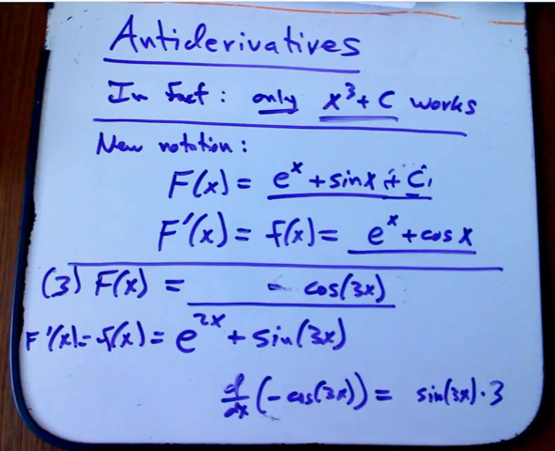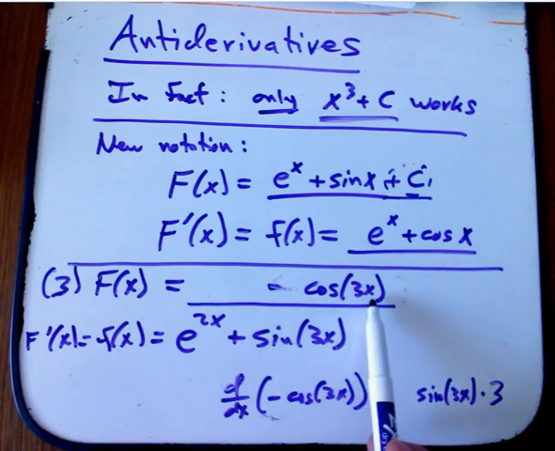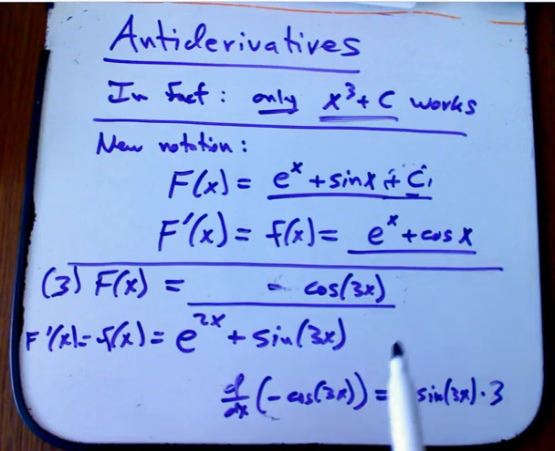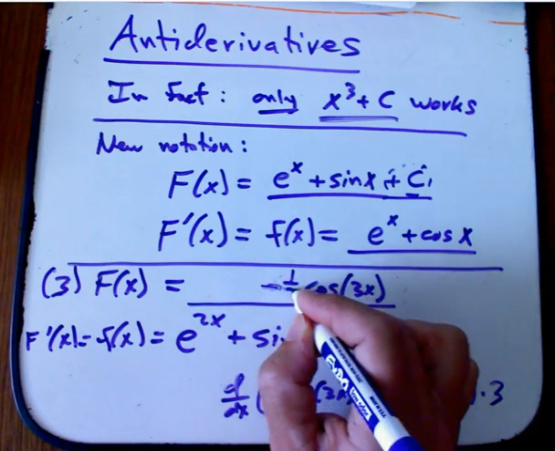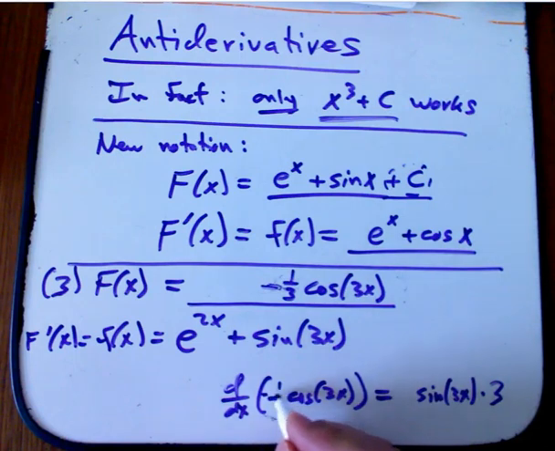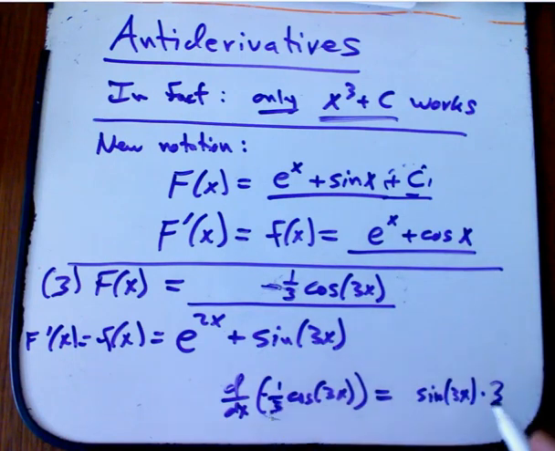And I warn you, when we get to stuff where it's a function inside of a function and we're dealing with undoing the chain rule where it's not a constant multiple of x on the inside, it's going to be more intricate, and it's a big deal. We have to do it, but we have to spend a lot of time on it. But because that's a constant, we can fix that pretty easily. We're just going to take minus 1/3 of that. So that's going to cancel that out, and we'll be on the nose.